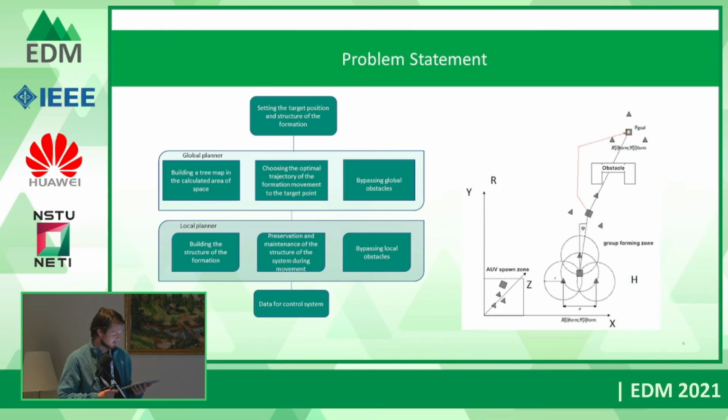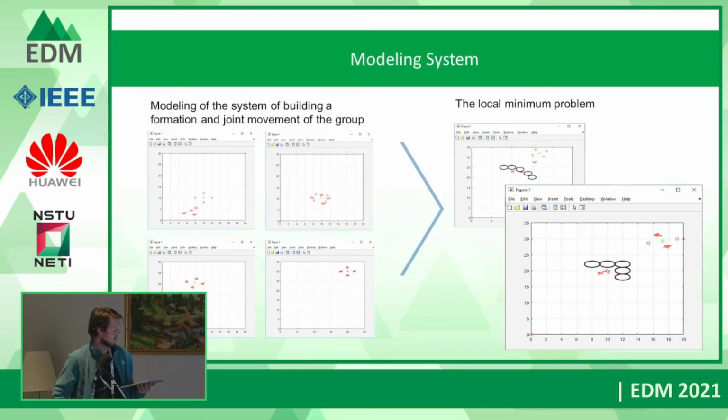In the potential field method, every vehicle from the group is attracted to each other and to the goal point if necessary, and repulsed from obstacles. On the right picture you can see the scheme of the potential field method, and on the left scheme you can see how global and local planning work together. Next slide.